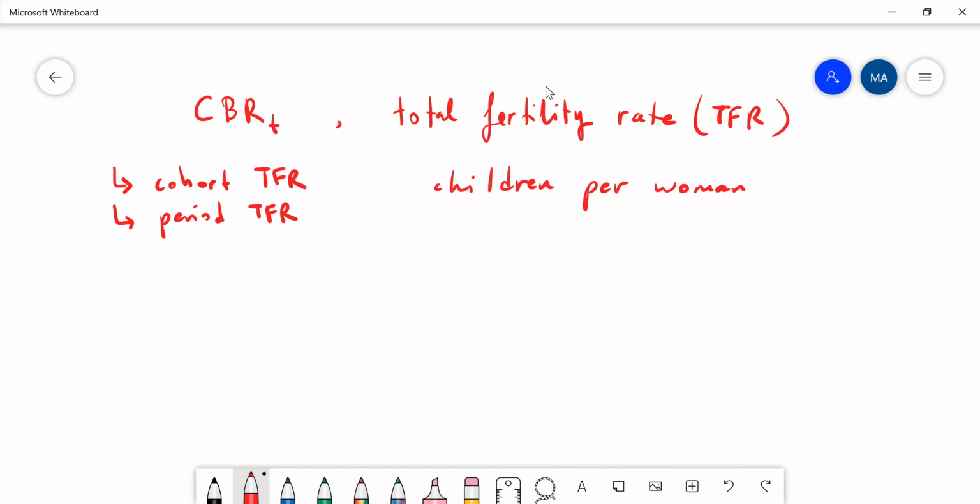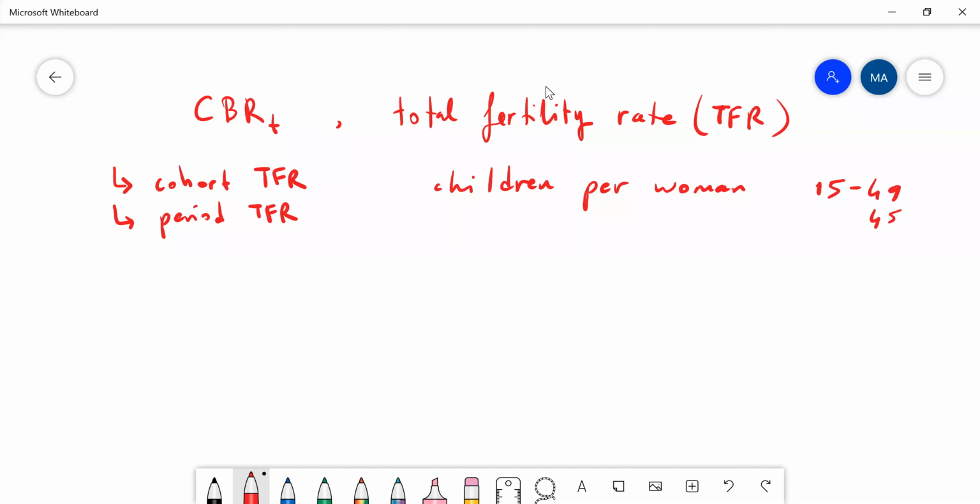And of course, by women, what we mean is women in their fertile ages, so it's usually 15 to 49, or 15 to 45 in some definitions.